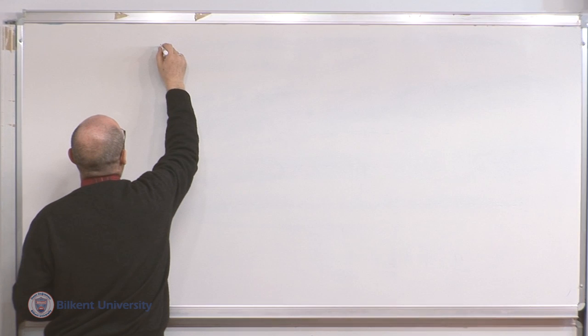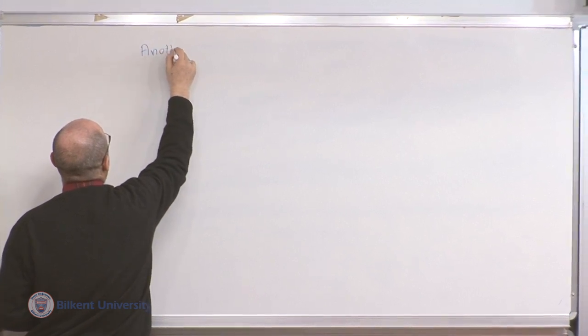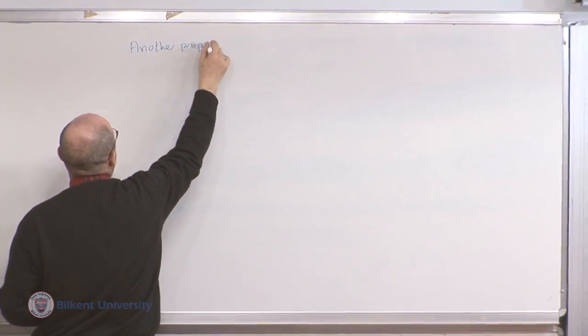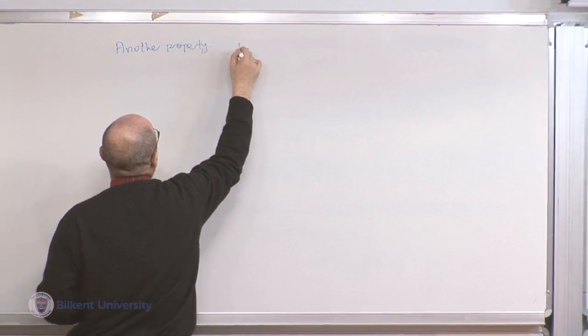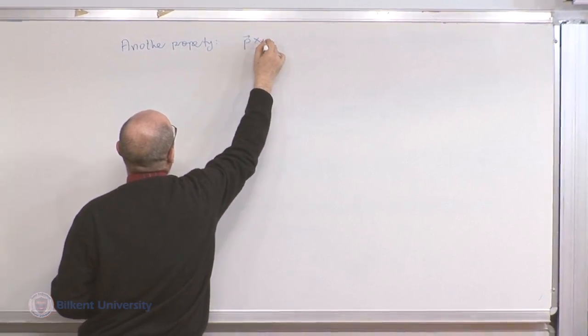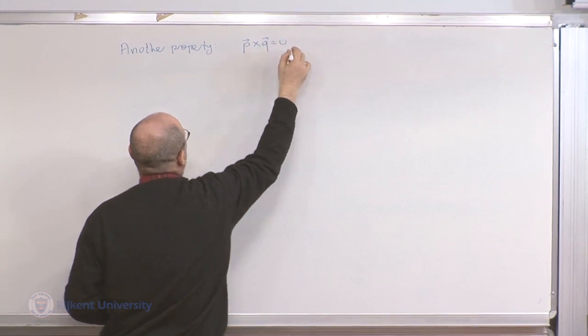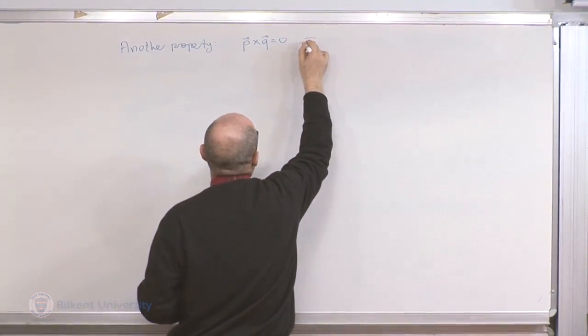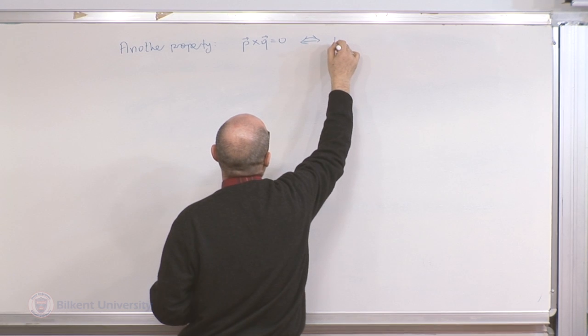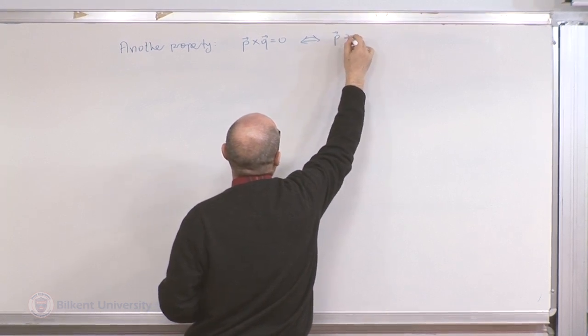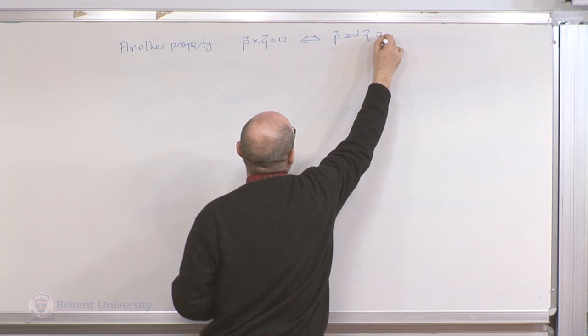So another property. P cross Q is 0 if and only if P and Q are parallel.